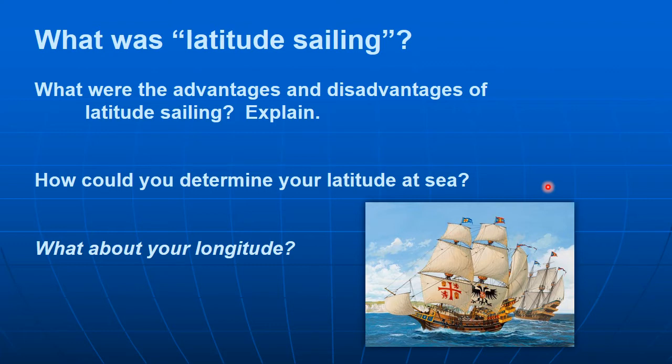If you're going to the Caribbean, likely you're sailing west, and you know the sun comes up in the east and sets in the west, so you know which way you have to go. You just stay on that 22-degree line until you run into your destination. All right, so using Polaris and other astronomical methods were used to guide sailors. Longitude was a lot harder to figure out, as we'll see.